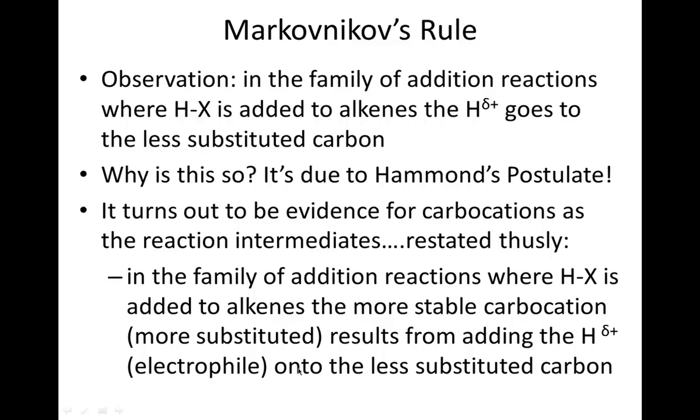And we're going to call this guy that's got the positive character, the electrophile. So it doesn't have to be hydrogen. That's just what Markovnikov worked with. Okay, so the electrophile goes to the less substituted carbon so that the more stable carbocation will result.